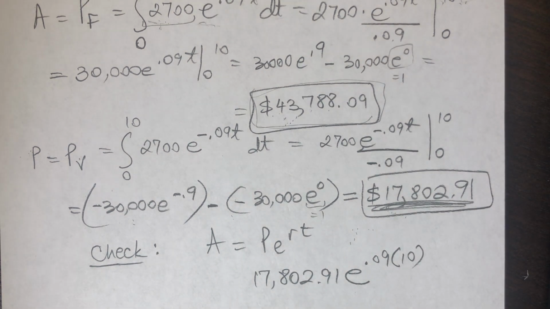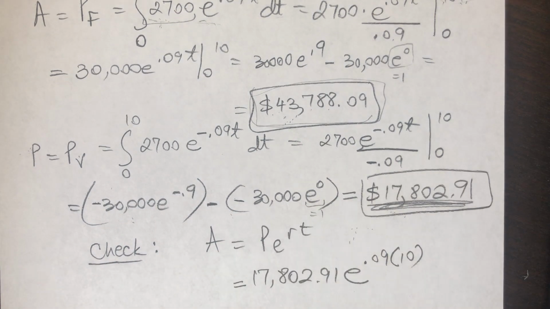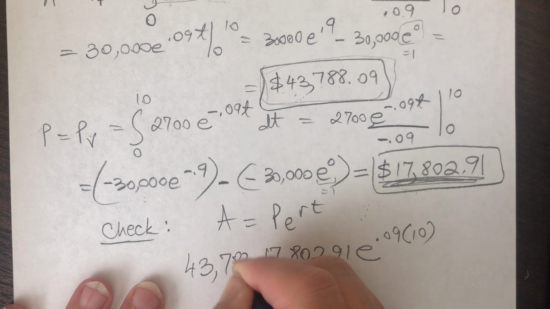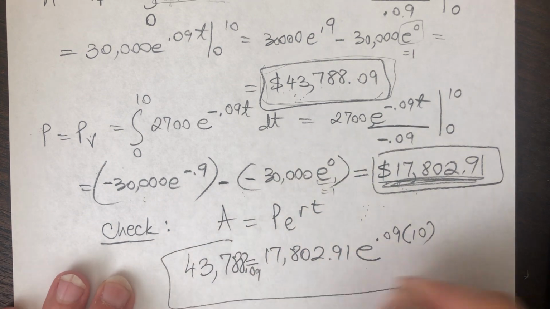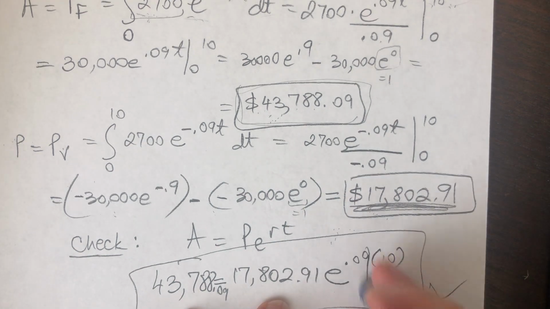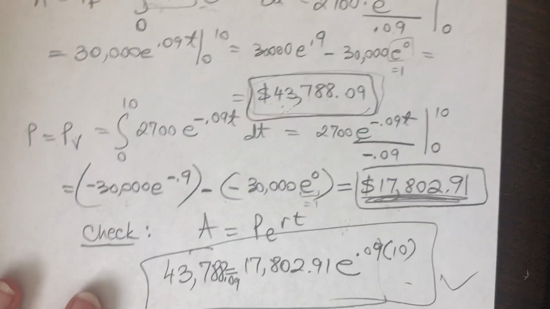I'm going to have you put this in your calculator and see what you come up with. I already know the answer without my calculator. It's going to be $43,788.09.